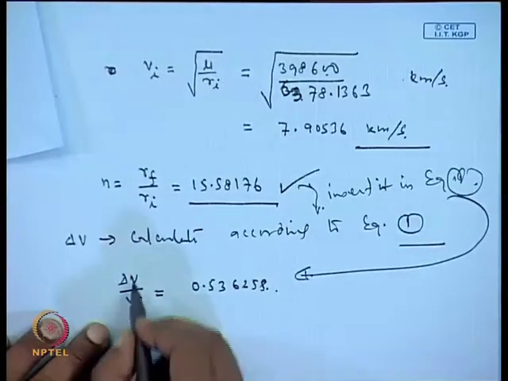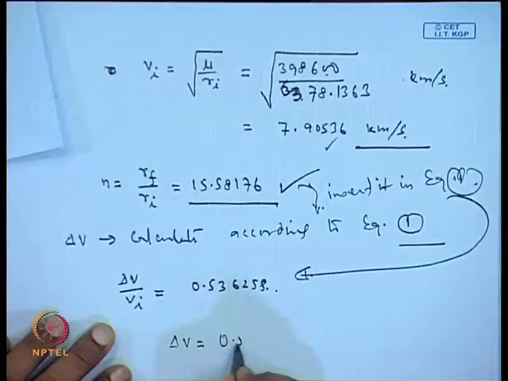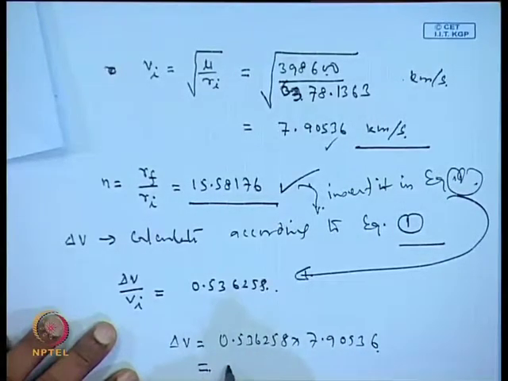If delta V by V I is known, and V I is known from this place, then delta V will be 0.536258 times 7.90536, and this will turn out to be around 4.23 kilometers per second.